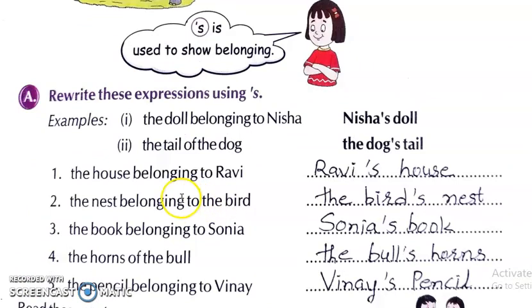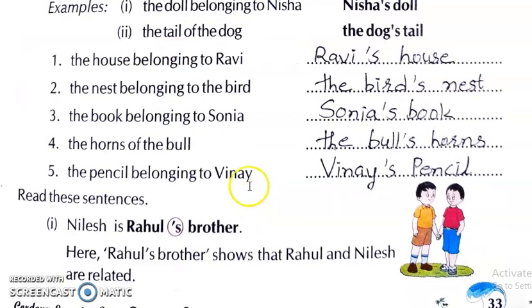Now here you can see an exercise. Rewrite these expressions using apostrophe s. Example is given, the doll belonging to Nisha. So the answer we have to write is Nisha's doll. The tail of the dog. So we have to write the dog's tail. Like this, the house belonging to Ravi.